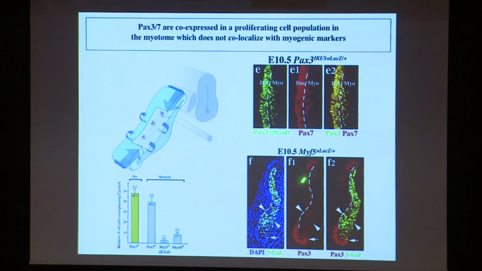The dermomyotome is mostly a site of expression of PAX genes, which is illustrated with PAX3 here, with a particular expression at both ends, what we call the lips of the dermomyotome. And the cells that are present here are migrating from the dermomyotome to the myotome, where Myf5 or MyoD will be expressed, and this is the green part, and where the first embryonic muscle will form.